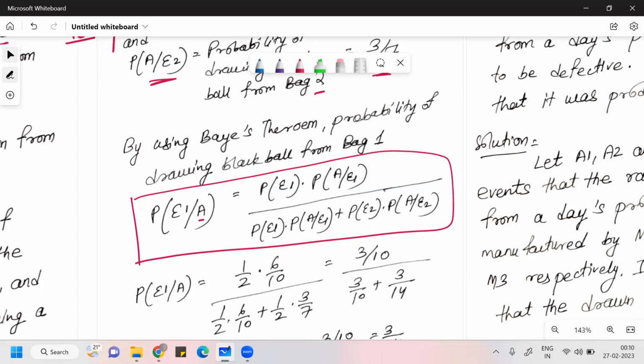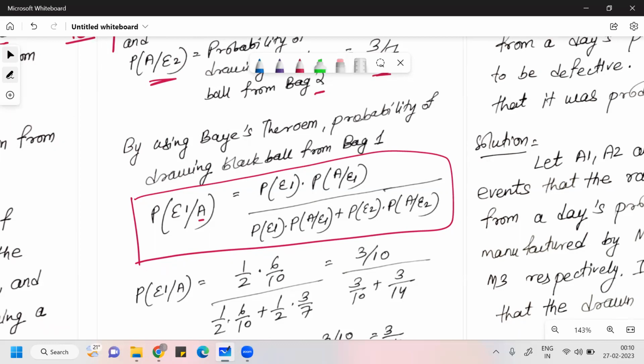You should know the basic concept of conditional probability, how we represent the data in the form of conditional probability. So event A is already given to you. What is the probability that you get this black color ball from bag 1? That is the question.